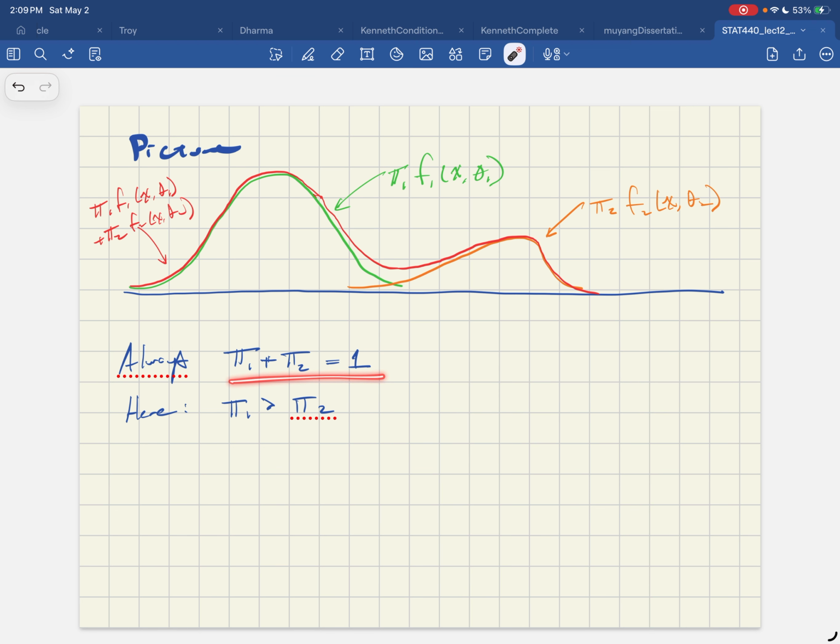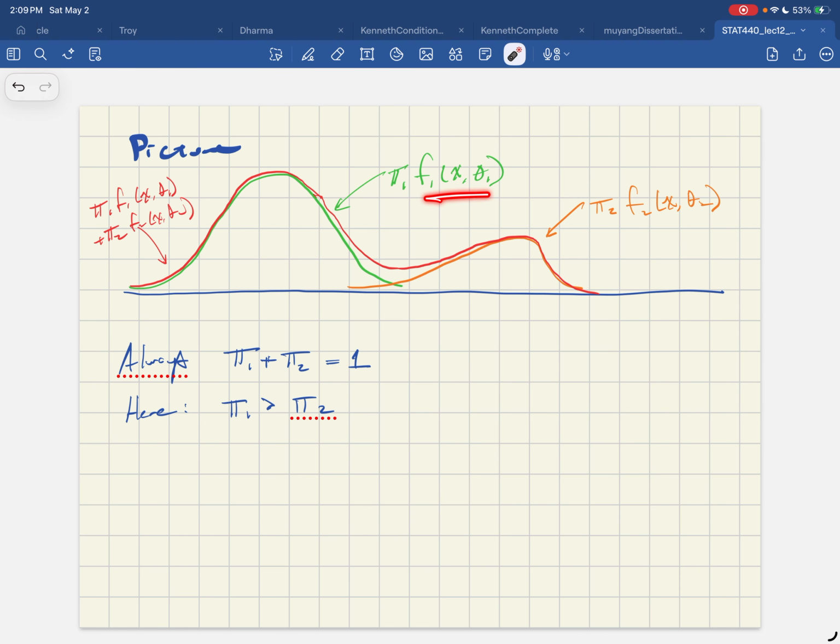it's always the case that pi 1 plus pi 2 has to equal 1. Here it's clear that pi 1 is greater than pi 2. And you can ask yourself for a second, why does pi 1 plus pi 2 have to equal 1? Well, we know that a density has to integrate to 1, right?